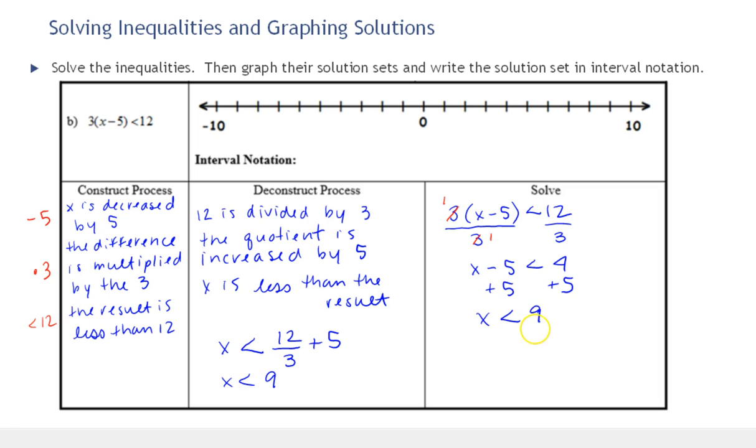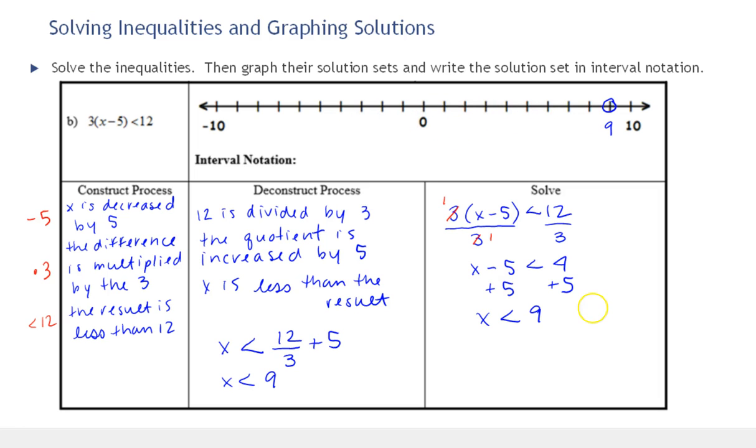So first our boundary value is 9, so I know 9 is right here. There's no line underneath, so it's a strict inequality, so I'm using an open circle.